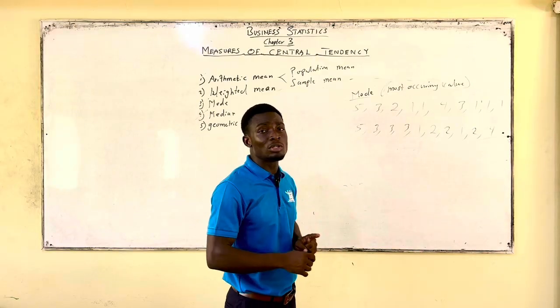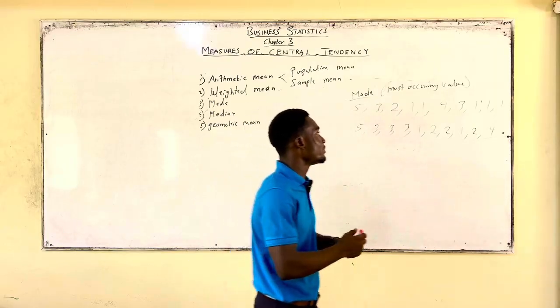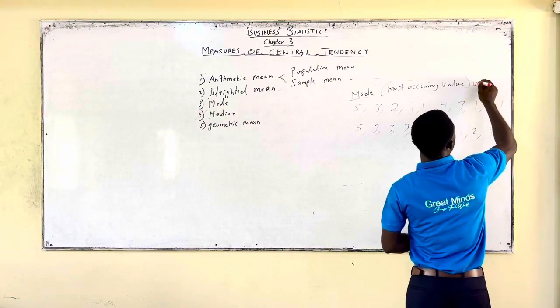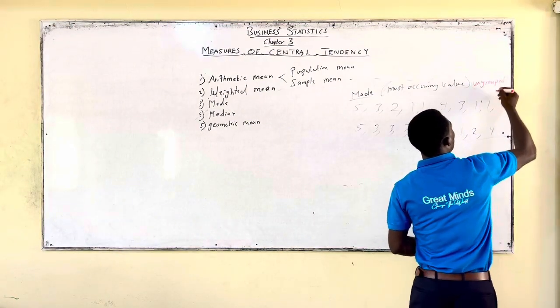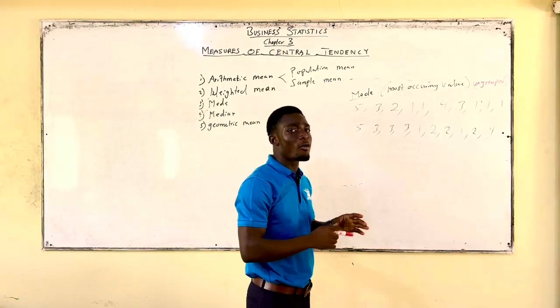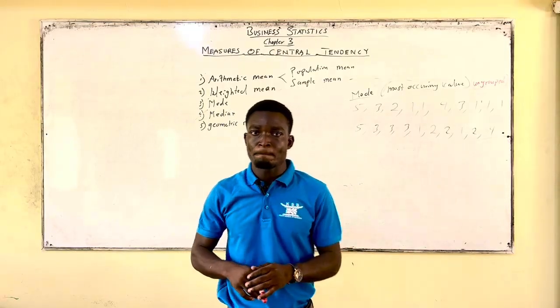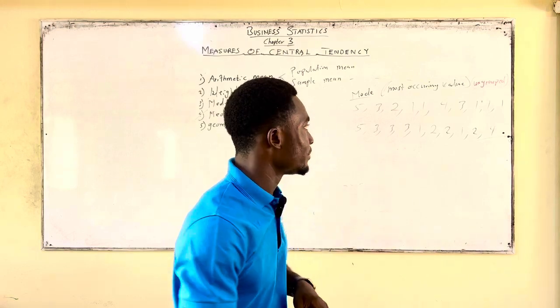The first thing you need to do when you're asked to find mode for this ungrouped data, right? First of all, you need to form an ascending array. I said you need to form an ascending what? Array.